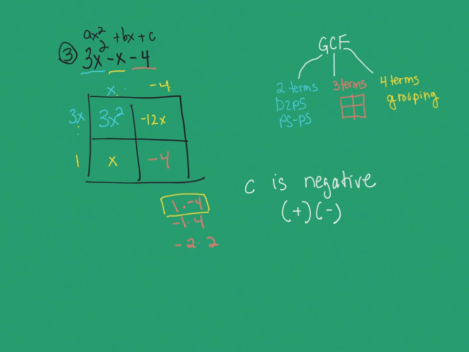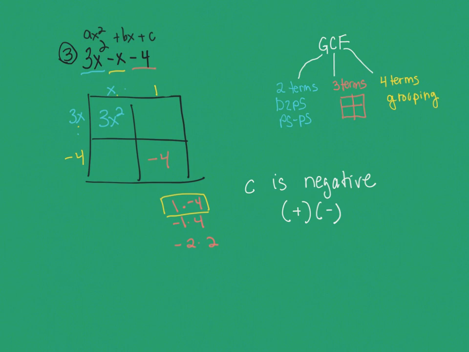Now, there's a couple of things that I can change here. I can go on to the next set of factors, or what I can do is move where these numbers are. So we had a 1 here and a negative 4 here. What about if I put the negative 4 here and the 1 here? How does that change the boxes? So let's look and see.